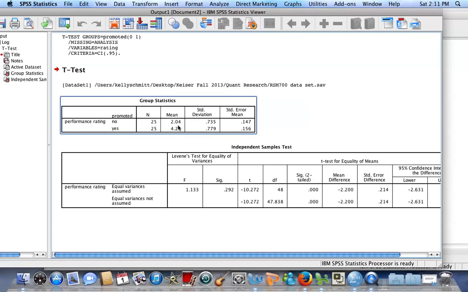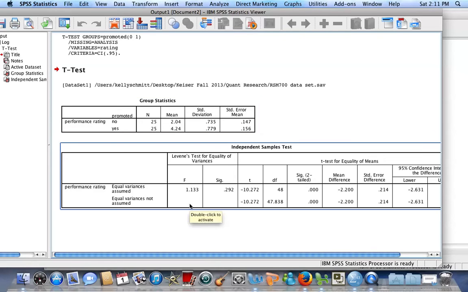So the first thing we need to do with reporting an independent samples test is to look at the Levene's test, and if the significance is greater than 0.05, which in this case it is, 0.292, it means that we can assume there were equal variances. This is the one time we do want our significance to be more than 0.05.